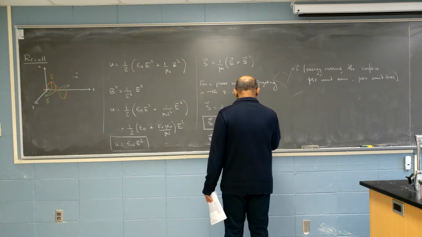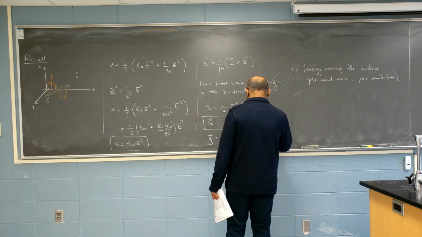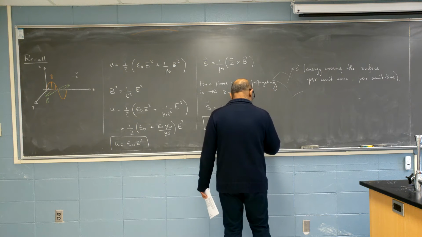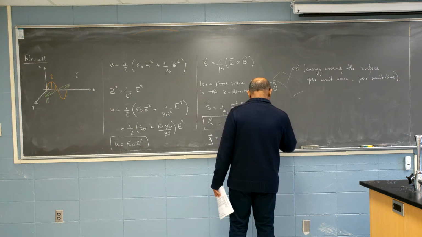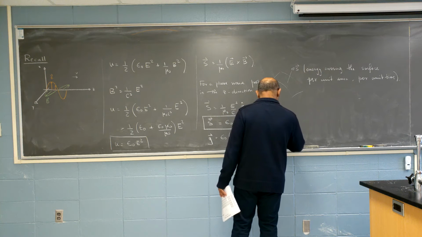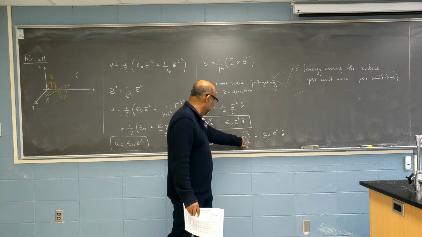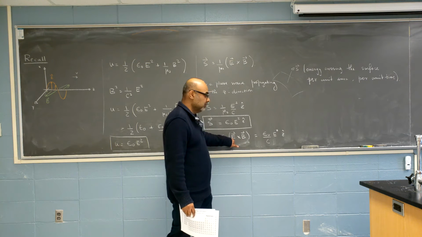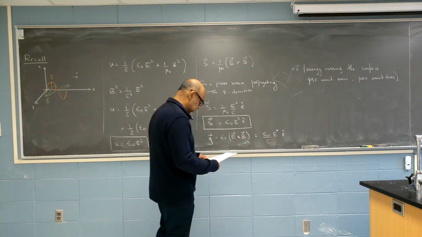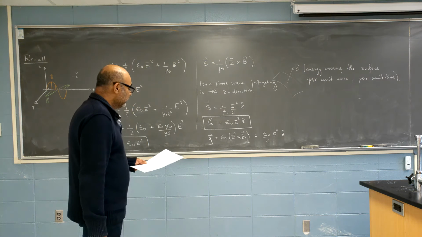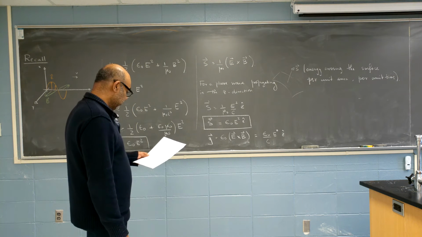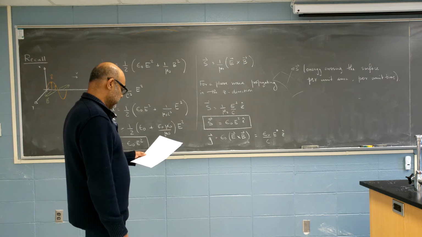So that is going to be epsilon naught over C E squared C hat, because B is nothing but E over C. Yeah? Let's see if I've picked a different version. Nope, that is it.